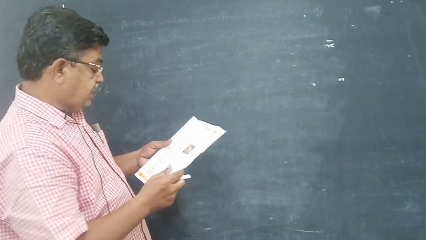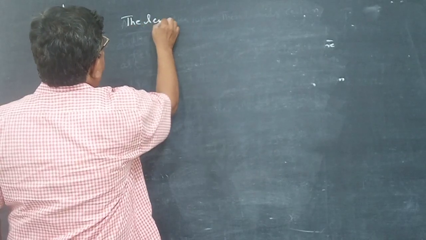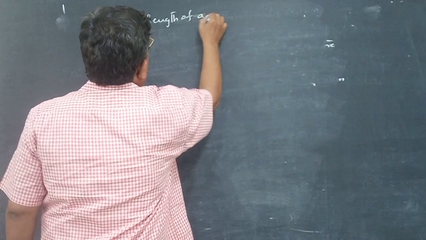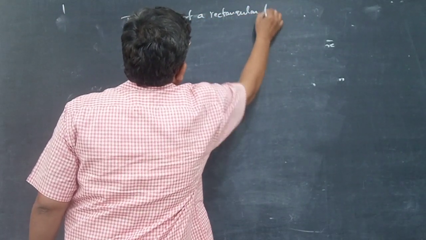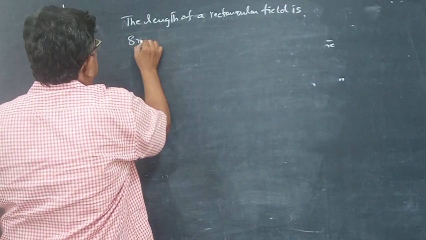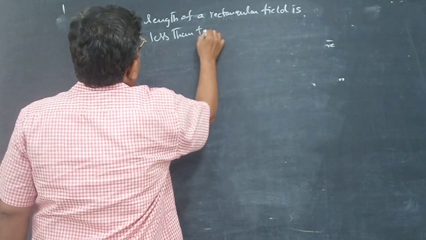So we calculate this. The length of a rectangular field is 8 meters less than twice its breadth.